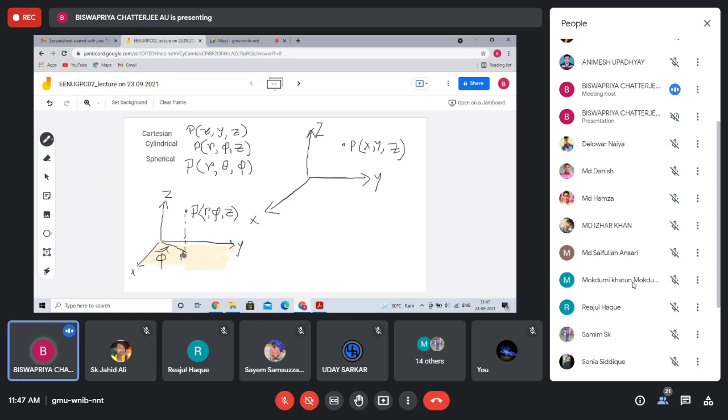And Z is the vertical distance, as it was in the Cartesian system. And what was the spherical system?